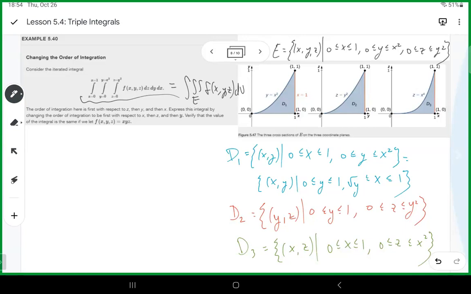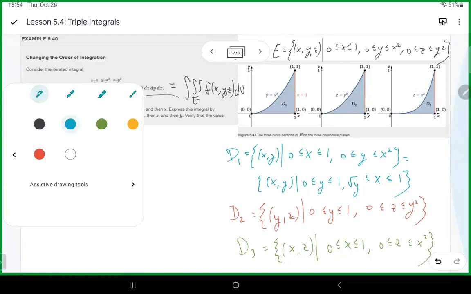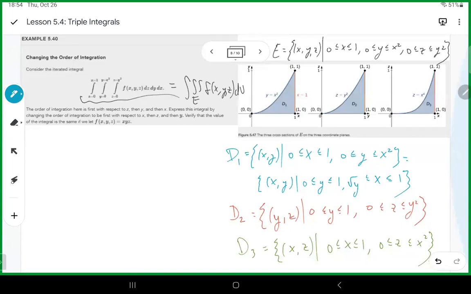So we can now also describe the E a little bit differently as well, based on everything we just found.